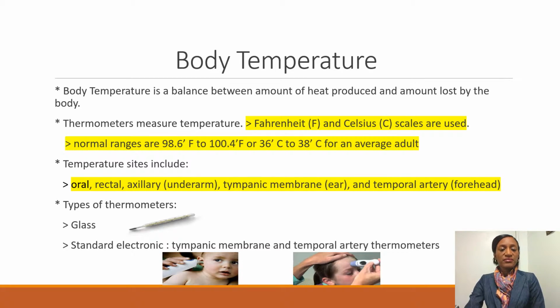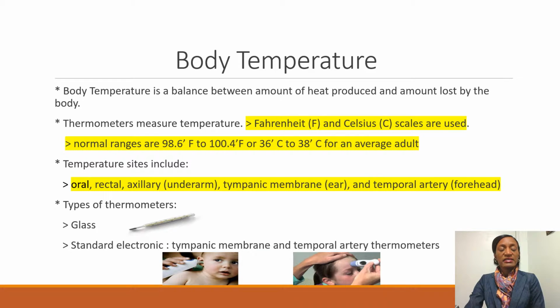Body temperature. Body temperature is a balance between the amount of heat produced and the amount lost by the body. Thermometers are used to measure temperature. The two scales that are used to measure a temperature are Fahrenheit, represented by the F, and Celsius, which is represented with a C. Normal ranges for an average adult is 98.6 degrees Fahrenheit to 100.4 degrees Fahrenheit, or 36 degrees to 38 degrees Celsius.